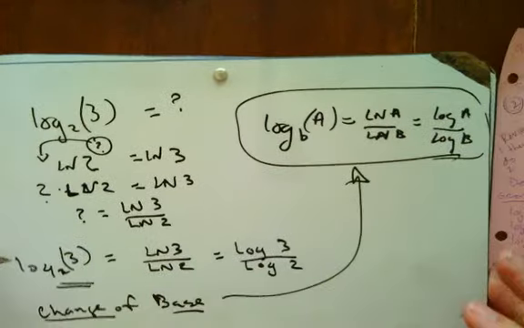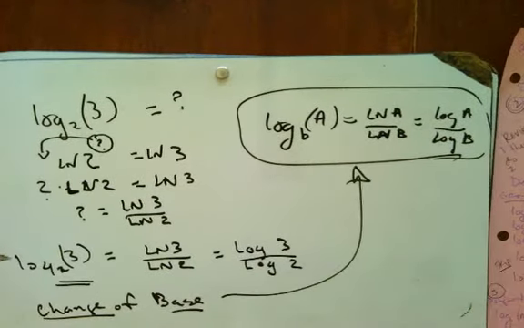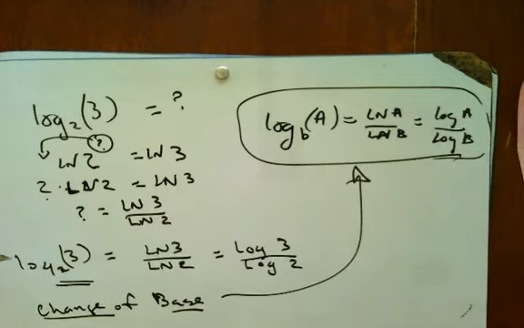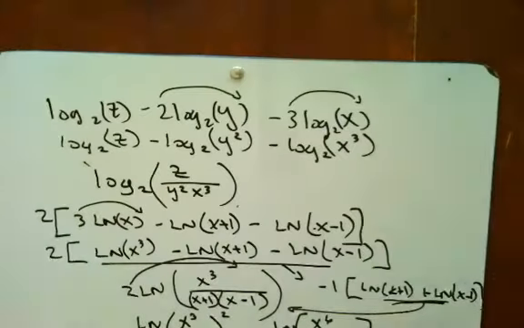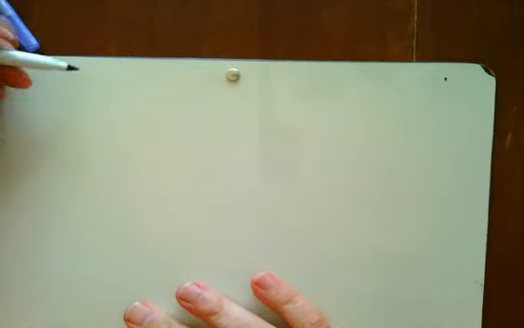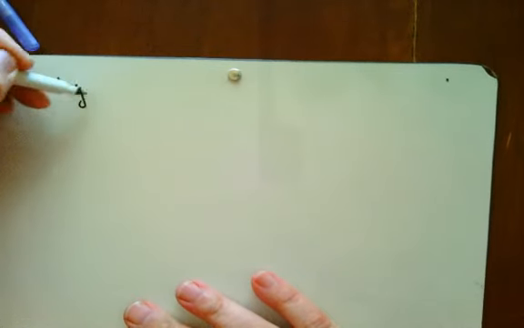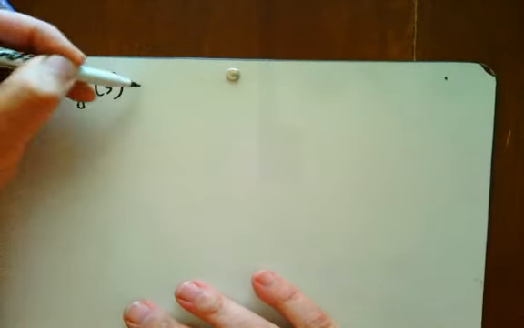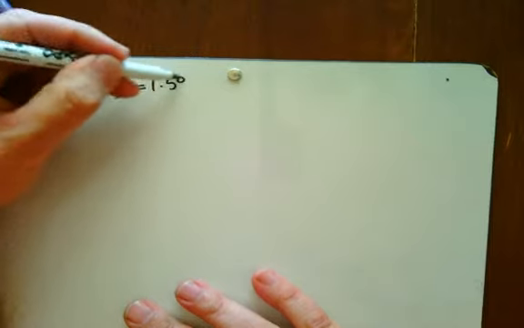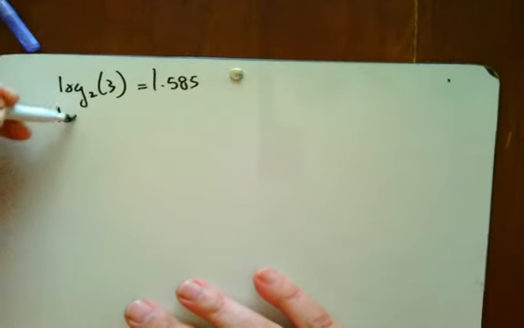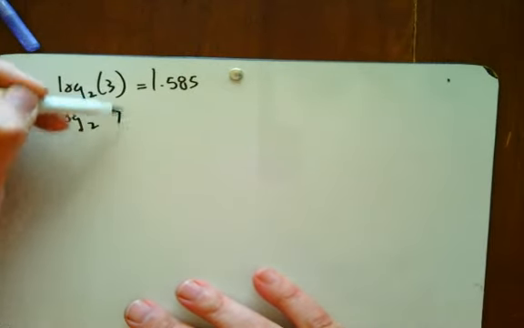What I would like you to do is, when you see log base b of a and you want to rewrite that, you can rewrite that as ln of a over ln of b or log of a over log of b. Okay, that's our change of base formula right there. And that may be useful in some of the homework problems tonight. Okay?